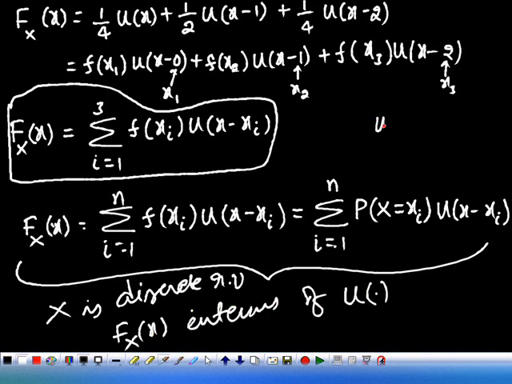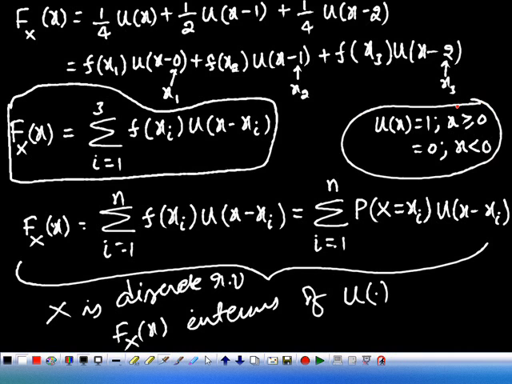I think you already know this definition. u of x equal to 1 for x greater than or equal to 0, and 0 otherwise. This is the basic mathematical function that we use.